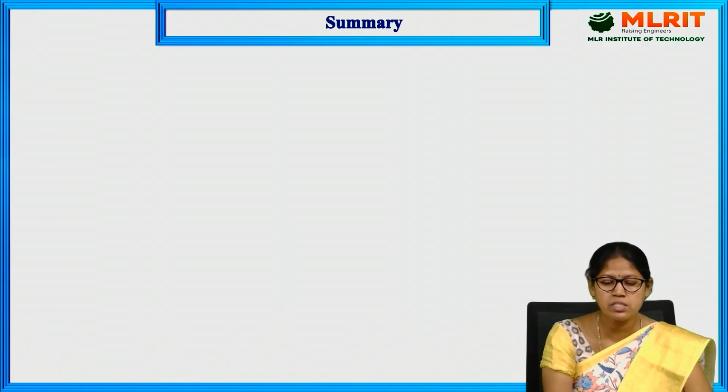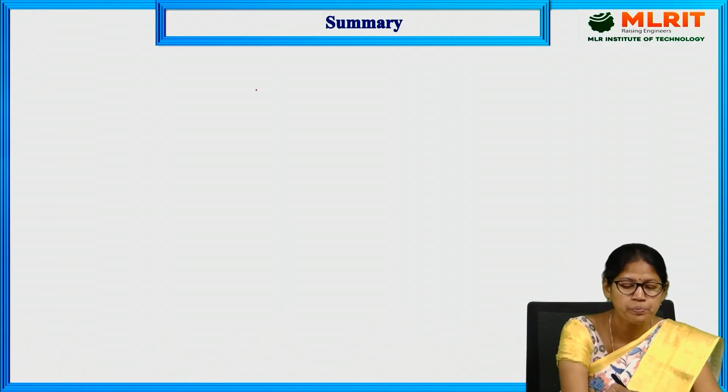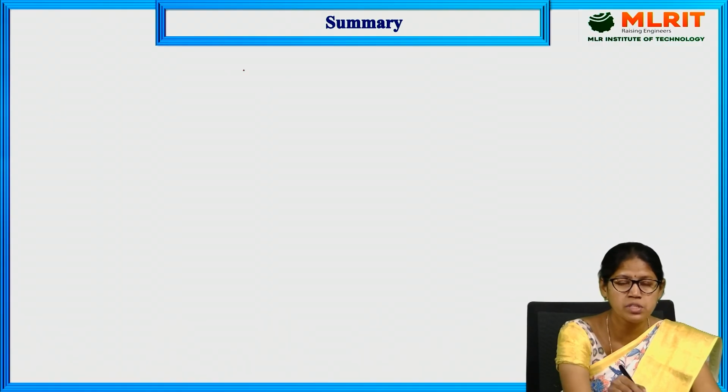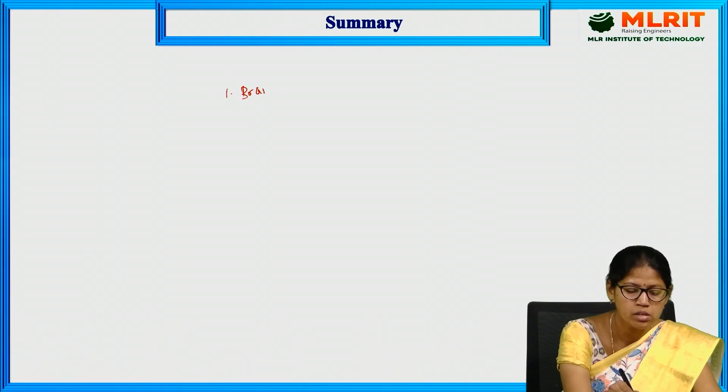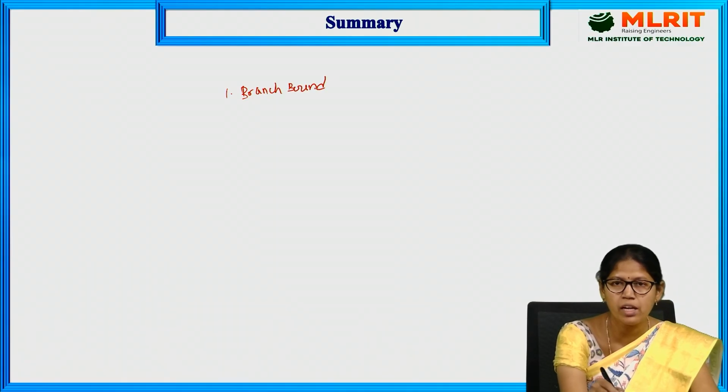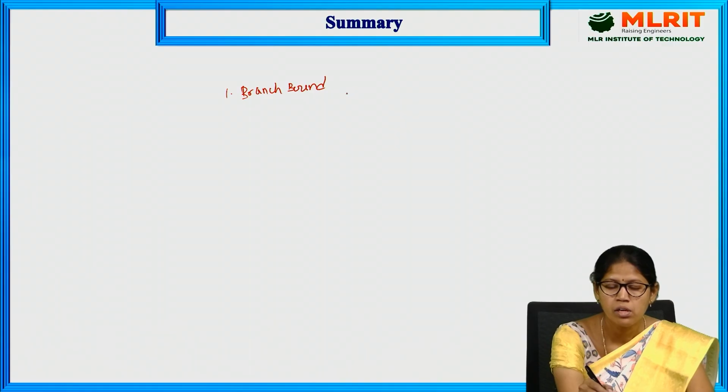So in today's session, we have seen the heuristic search algorithms. In that, branch and bound: it will calculate the cumulative value from the start node to the current node. Whichever has the least value, it will take that path and that branch, and it will lead to the solution.